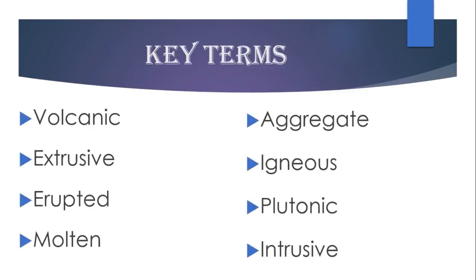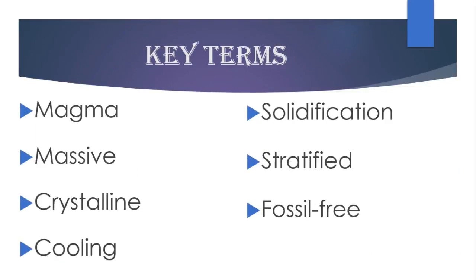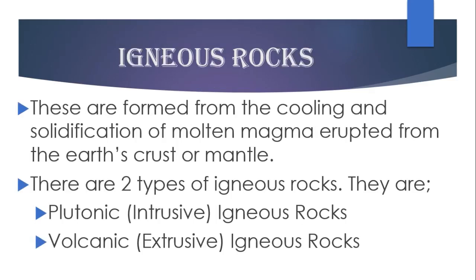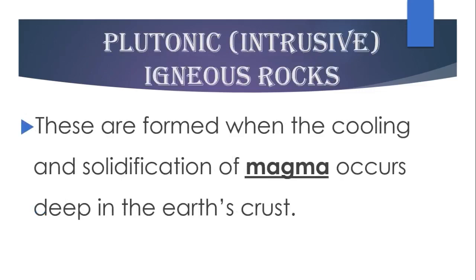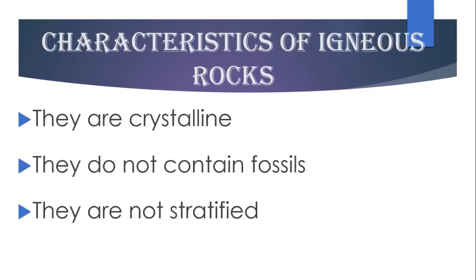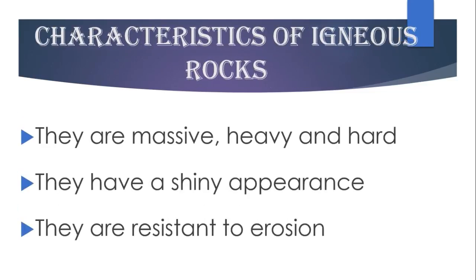We looked at some of our key terms, and then we went ahead to define what a rock is, the types of rocks, and then we looked specifically at one type, being igneous rocks, the types of igneous rocks, its characteristics, how it's formed, and then examples of igneous rocks.